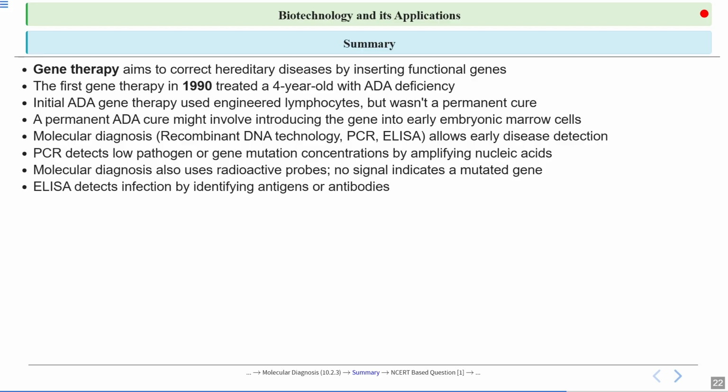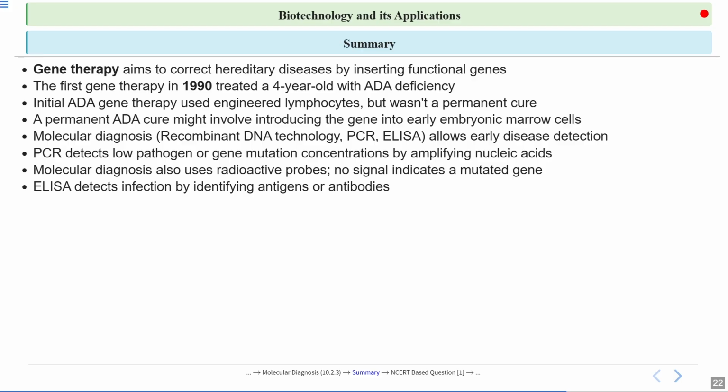As we have studied about the radioactive probe, that DNA and RNA probe, why is it saying that no signal indicates a mutated gene? For example, there is a gene, say the ADA gene, and it has a particular sequence, and we make a complementary DNA probe, a radioactive probe.